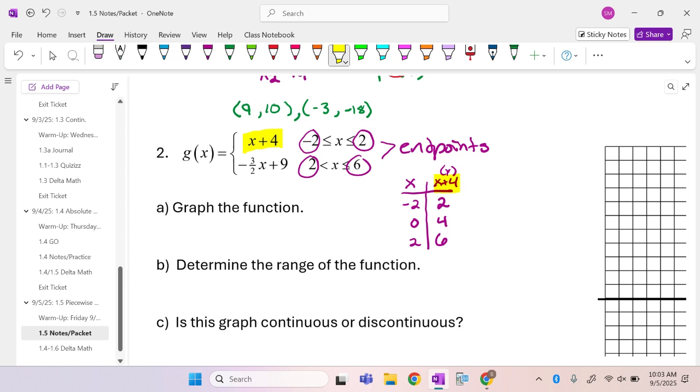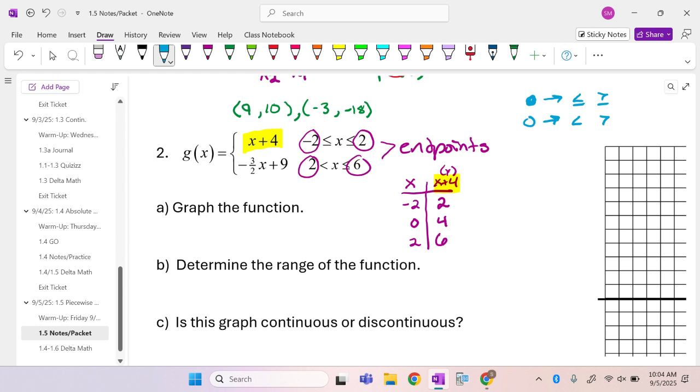There's no equal to, so less than or greater than. That's open circle. Closed circle is when they have that equal to line under it. And you can make a note if you want to. Closed circle, you would see these two symbols. Open circle, you would see these two symbols.